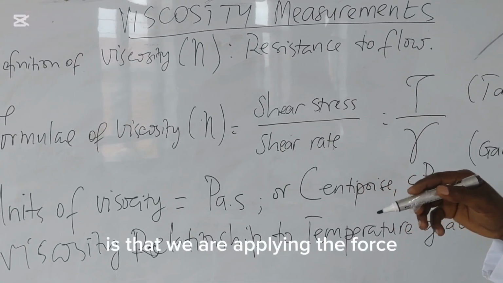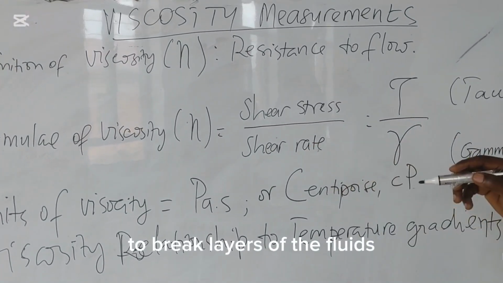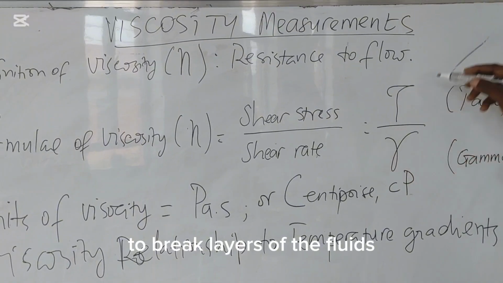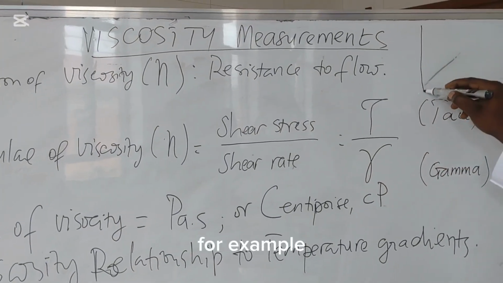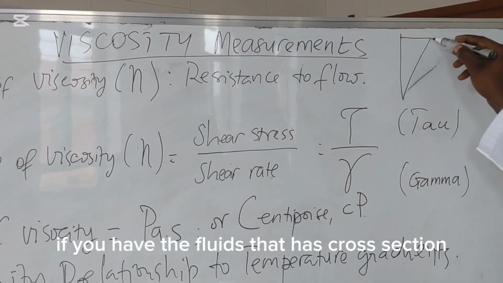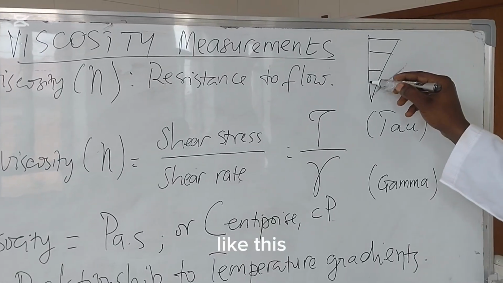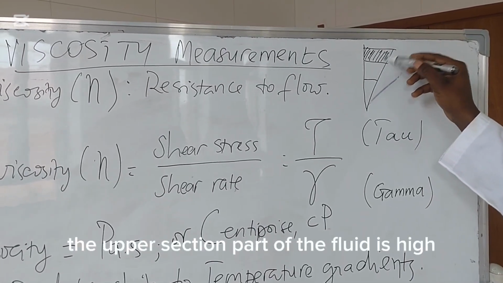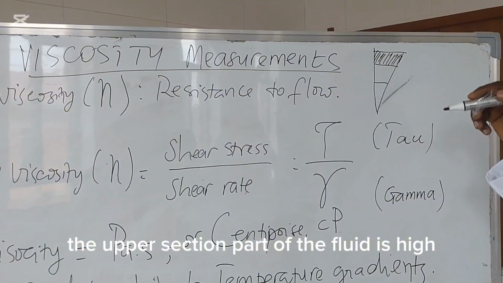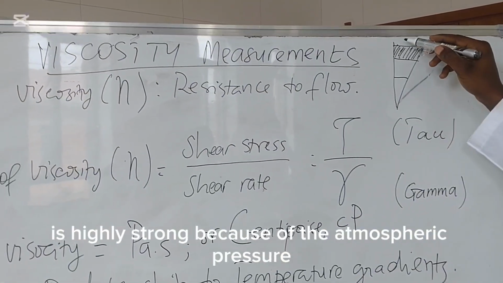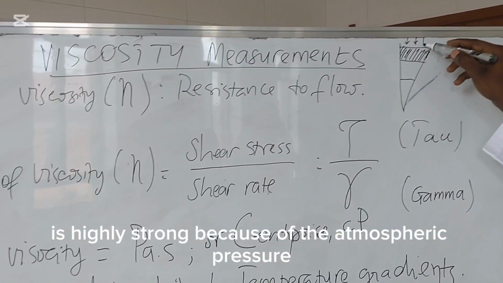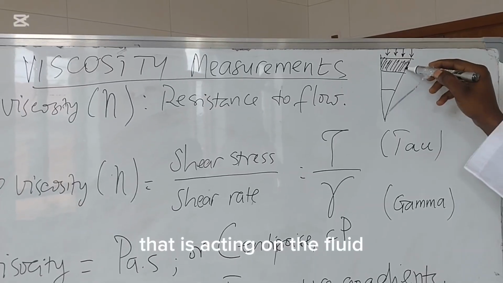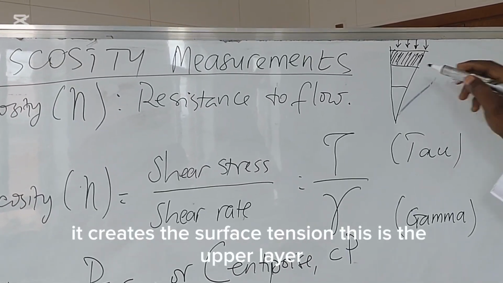Shear stress is that we are applying force to break layers of the fluid. For example, if you have a fluid with a cross section like this, the upper part of the fluid is highly strong because of the atmospheric pressure acting on it. It creates the surface tension.